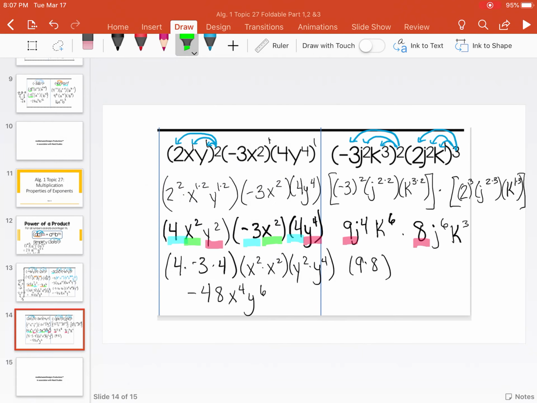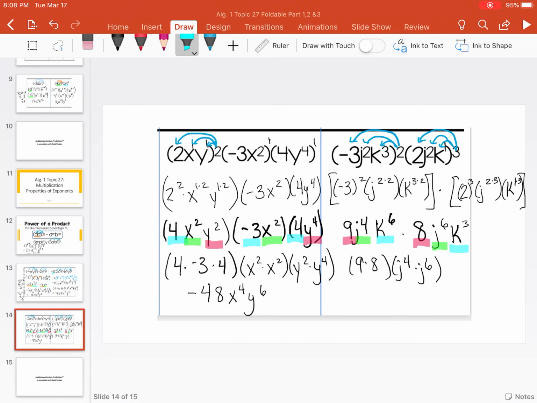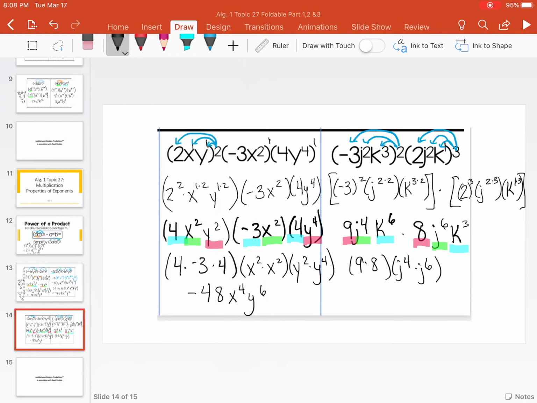If we're dealing with our j variable, we have j variable there. So that gets us j to the 4th times j to the 6th. And last but not least, we have k to the 6th and k to the 3rd. K to the 6th times k to the 3rd.